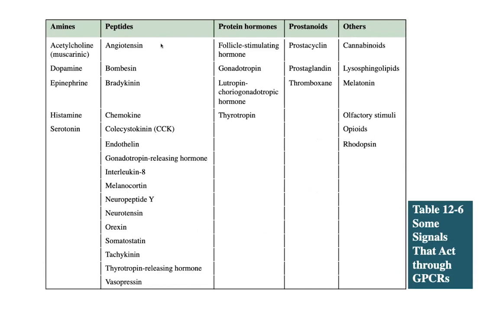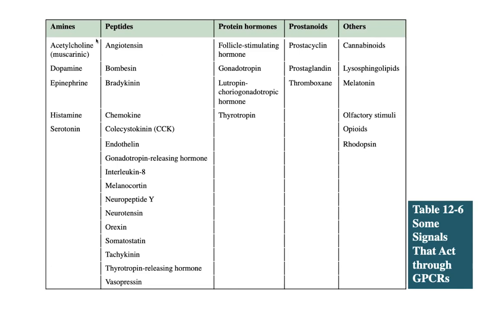When it comes to hormones, we can talk about different classes of hormones. We can have some that are little proteins, like gonadotropin, thyrotropin, and follicle stimulating hormone, FSH. We can also have peptides, so just short little pieces of proteins, things like angiotensin, bradykinin, neurotensin, somatostatin, vasopressin.